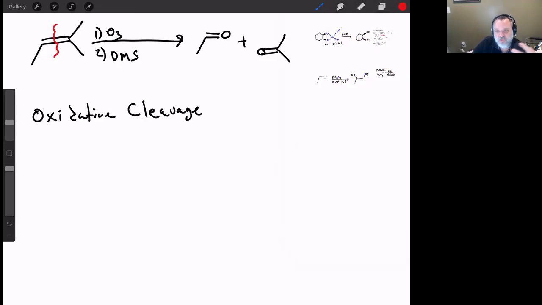I think students easily get a handle on this one, because for a simple view like this, if I just draw a line across the double bond and imagine splitting them apart, and then draw in oxygen on either side of that double bond, I have an easy solution to the problem.